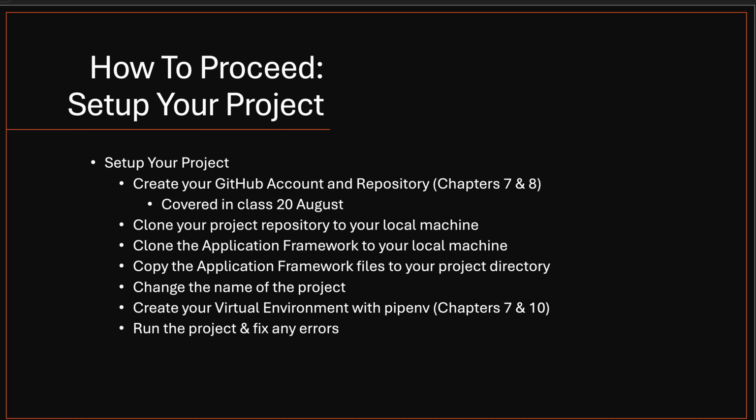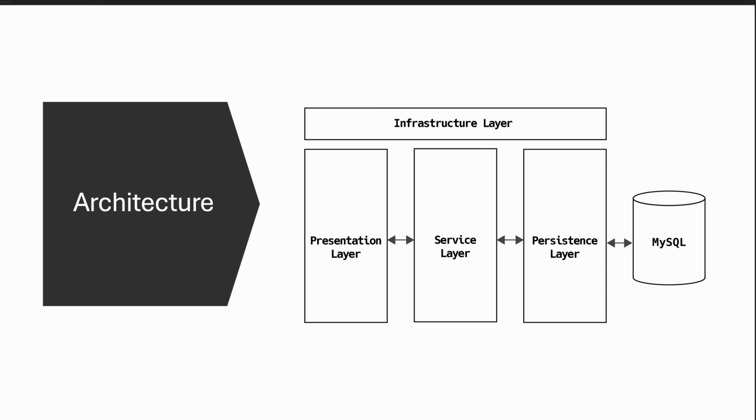Once you get your project set up, the next thing you want to do, this is the architecture. You're going to have a MySQL database running in MAMP for Mac and Windows. For Linux users, you have to install Apache, which usually comes installed depending on your variant. Apache, MySQL, and Chapter 22 walks you through how to install all that stuff on Ubuntu or Debian-based Linux.